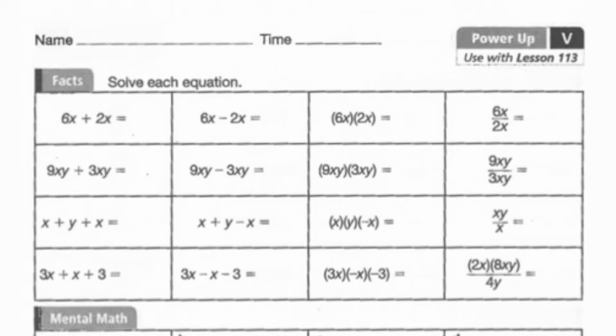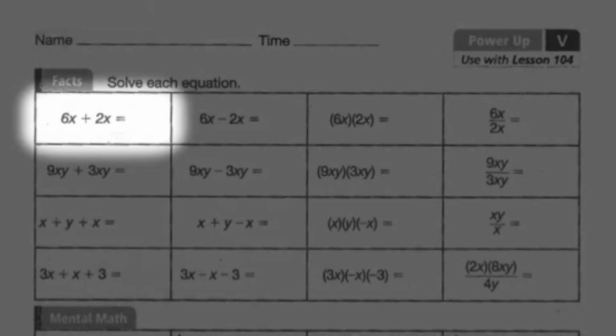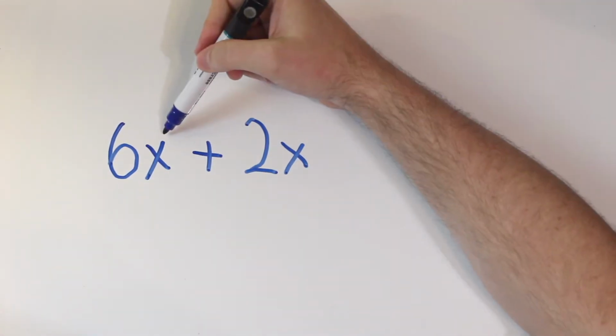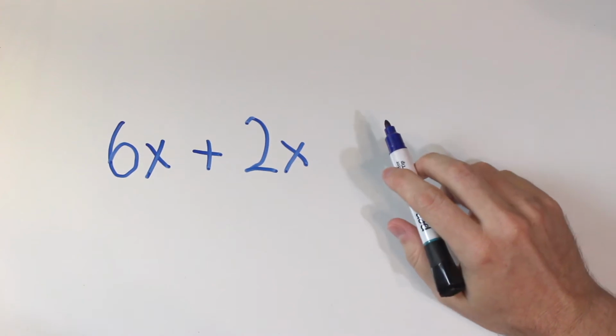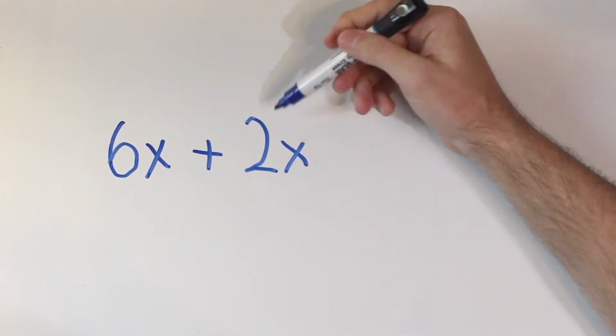In this power-up, we get to review adding, subtracting, multiplying, and dividing numbers and variables. First, we have 6x plus 2x. To solve expressions like these with variables, the way I try to make sense of it is to put something concrete in place of the variable at first.